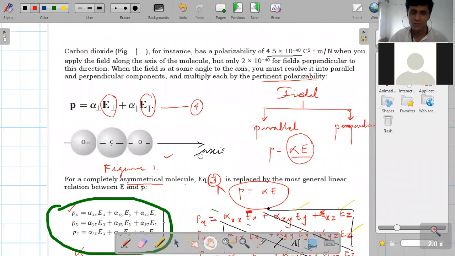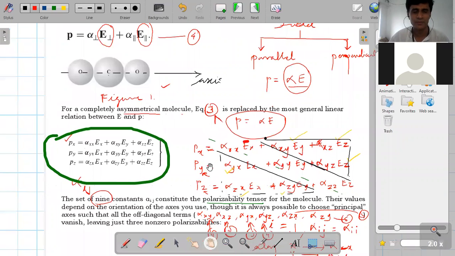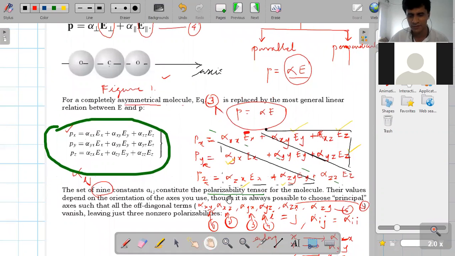But for an asymmetric molecule, there are 3 basic equations, and that is referred to as which type of tensor? Polarizability tensor. It gives the dipole moment along the x-axis, denoted by px, along the y-axis, denoted by py, and along the z-axis, denoted by pz.